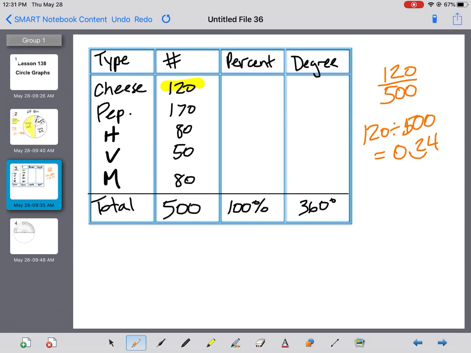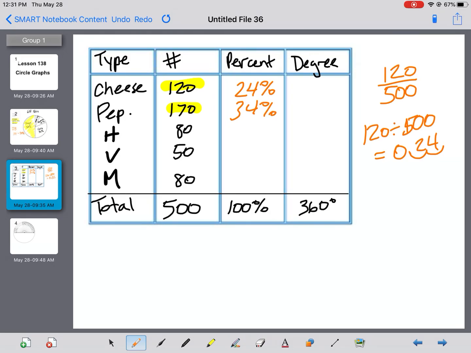So the way that we change that into a percent is we bump that decimal over, and we get that 24% of those 500 students prefer cheese pizza. And you follow the exact same steps for all the rest of the numbers in your data set to get the percents. So for this next one, you do 170 divided by 500, and you'll come up with 34%, etc., etc. I'll leave the rest for you to do on your own.